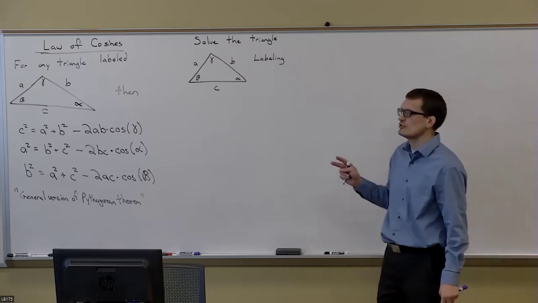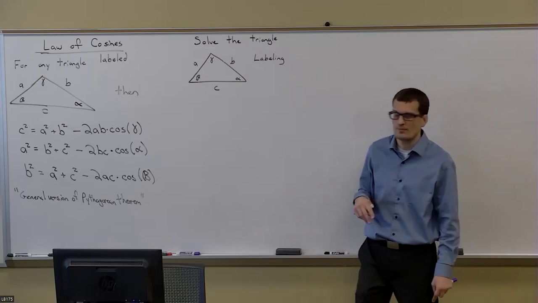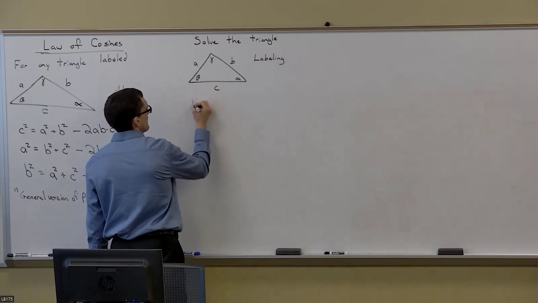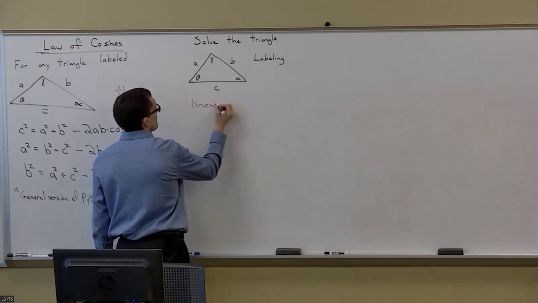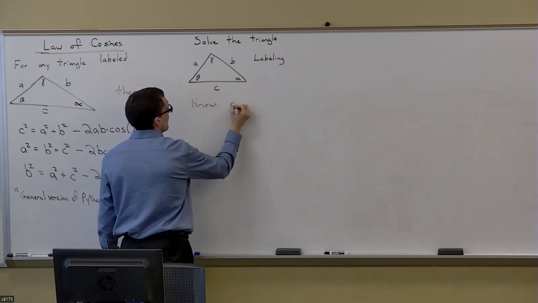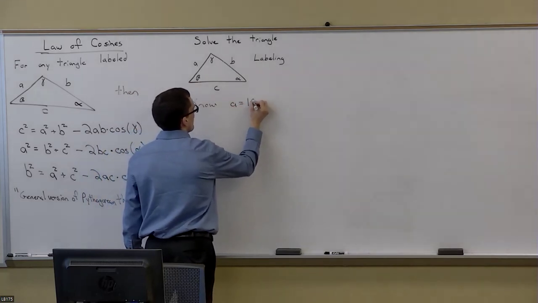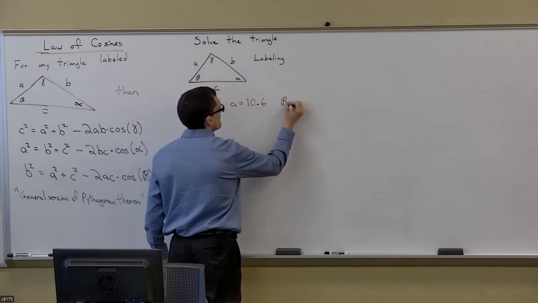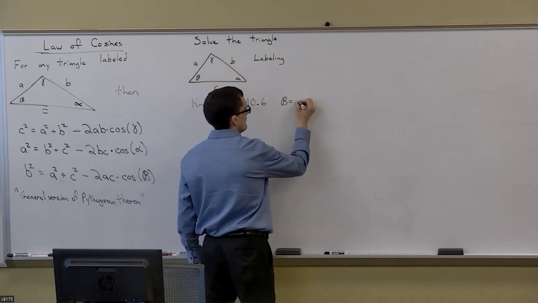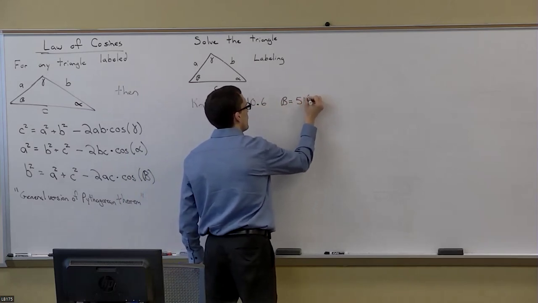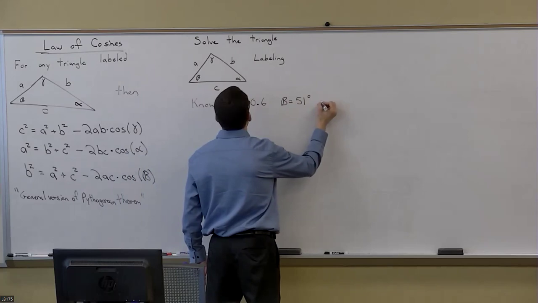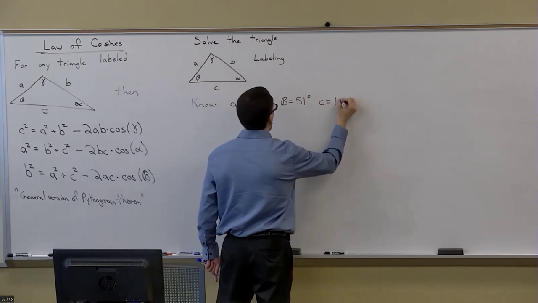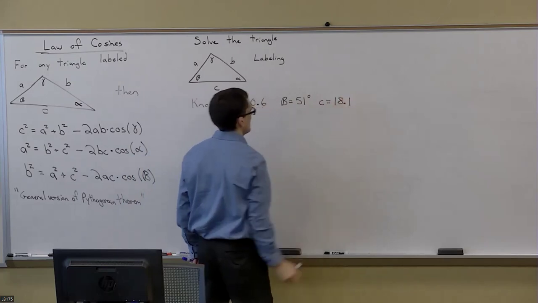But there are two situations where law of cosines is needed. The one situation is that if we have this labeling and we know A is 10.6, beta is 51 degrees, and C is 18.1.